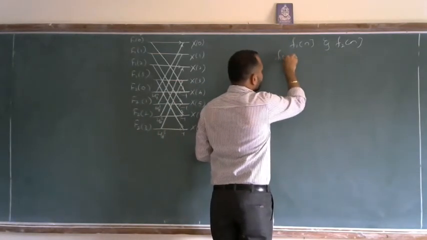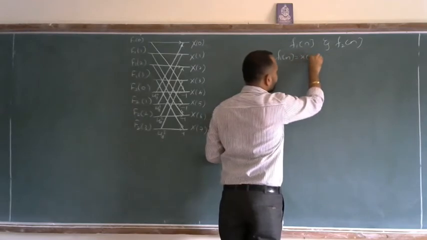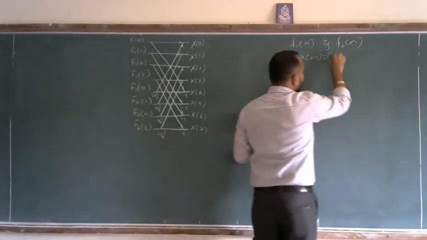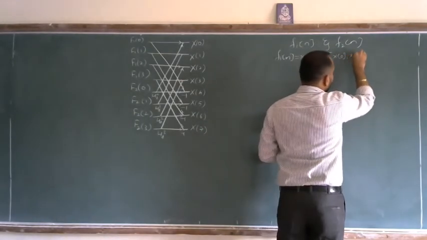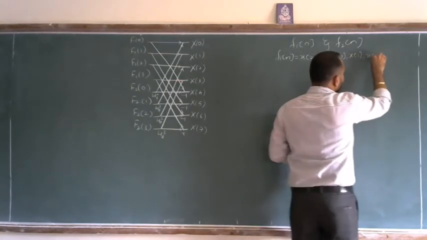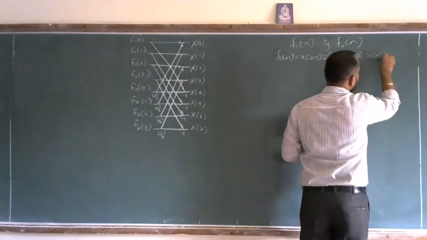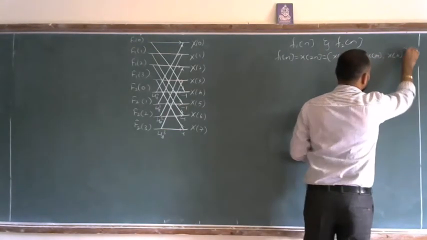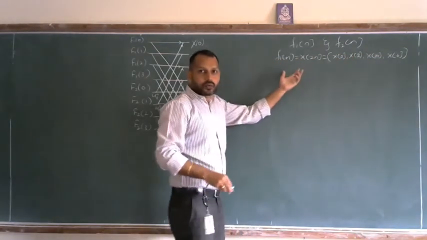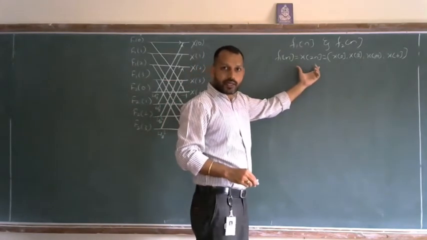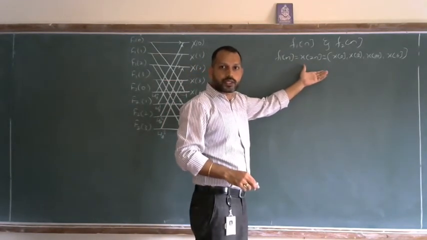Now to understand that in a better way, let us write the sequence. F1 of n, which was represented as x of 2n, had x of 0, x of 2, x of 4, and x of 6. Now let us decimate this N by 2 point sequence once again.